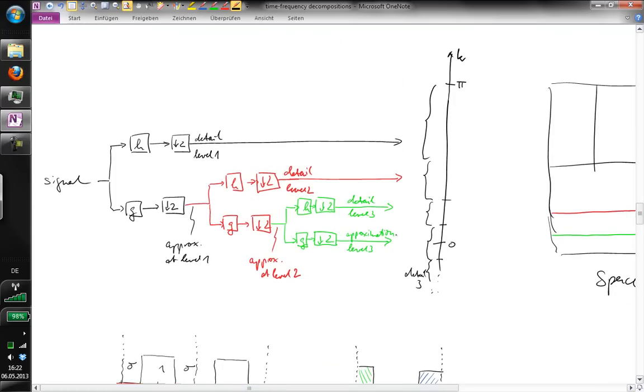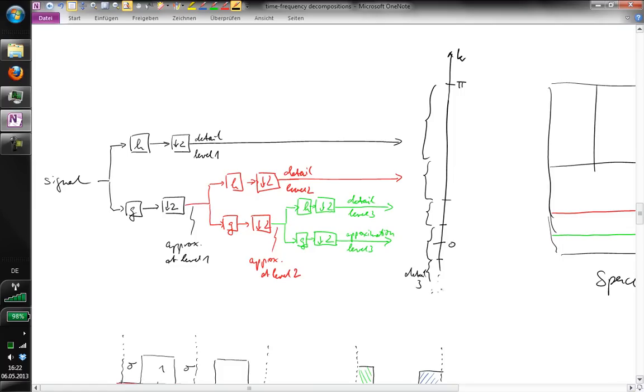And here on the right-hand side, I tried to show on this frequency axis, starting at 0, where these different filter banks leave the energy of their signal.